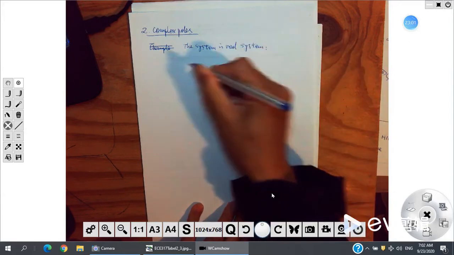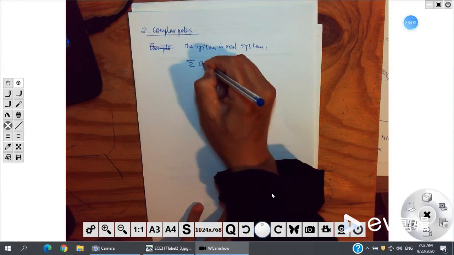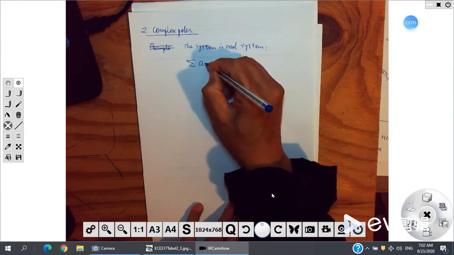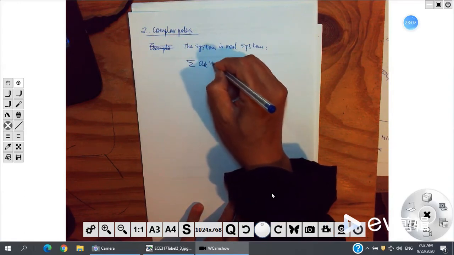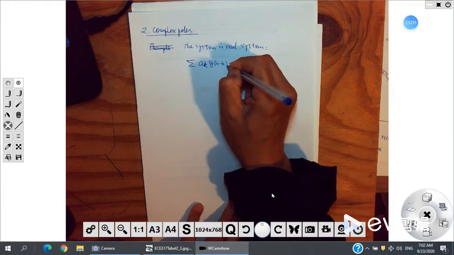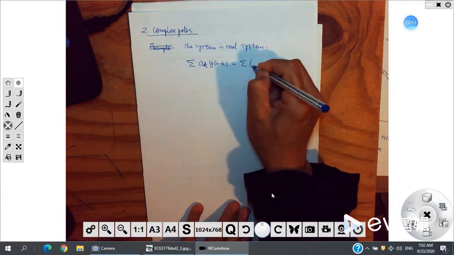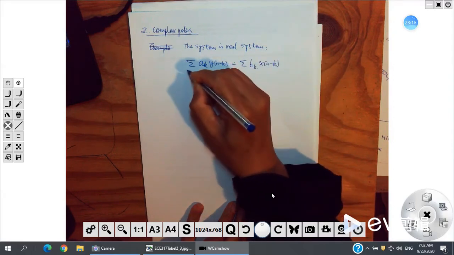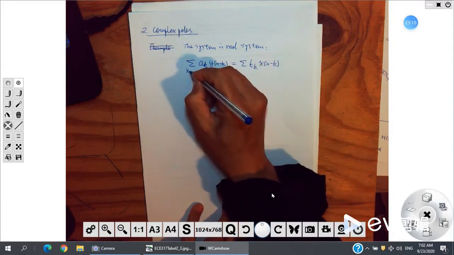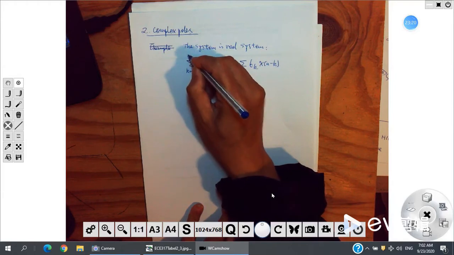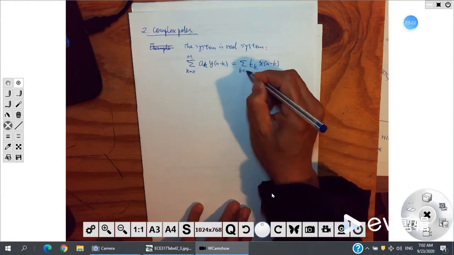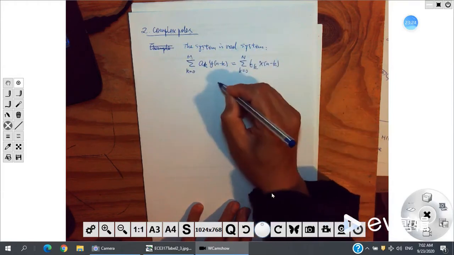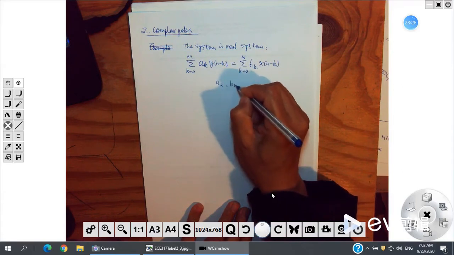So that means summation ak times y of n minus k equal to summation bk times x of n minus k. All these ak, bk, they are real numbers.